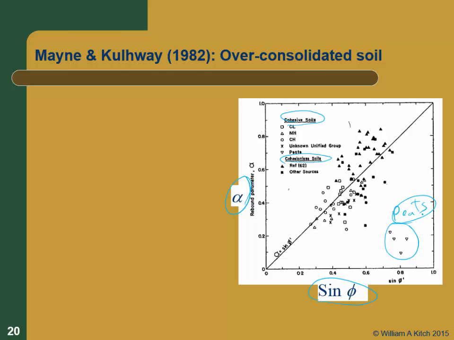So if we ignore the peats, that looks much better, right? And so the final equation that Mayne and Kulhawy use is that K0 is equal to 1 minus sine phi times OCR to the sine phi, which I suspect all of you have been using for some time.